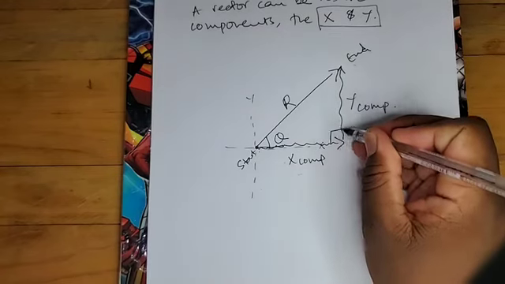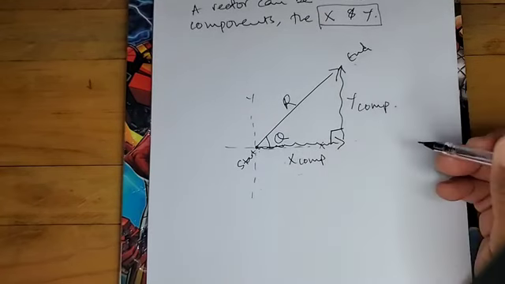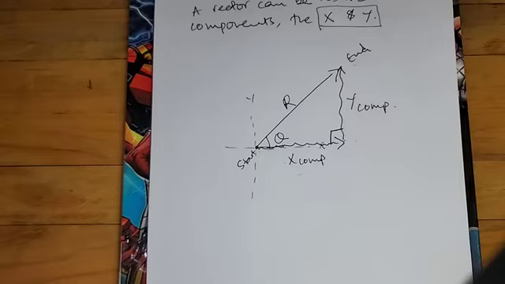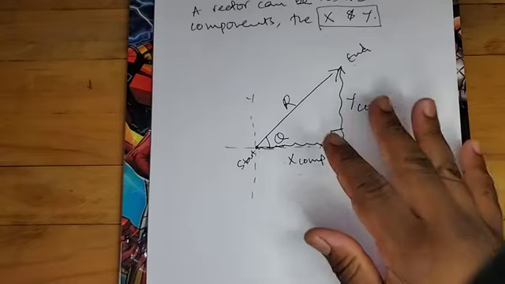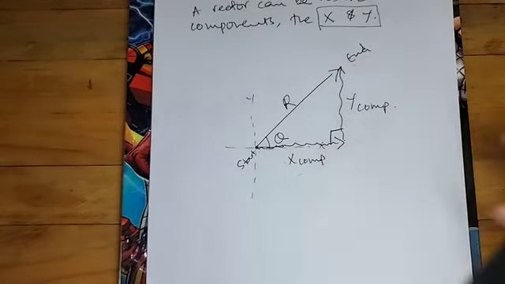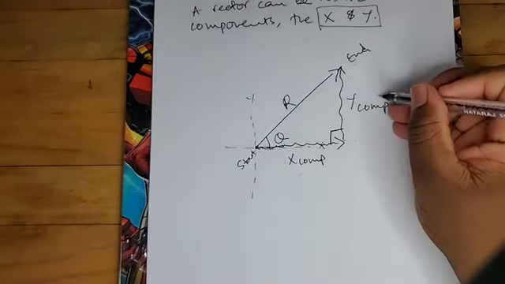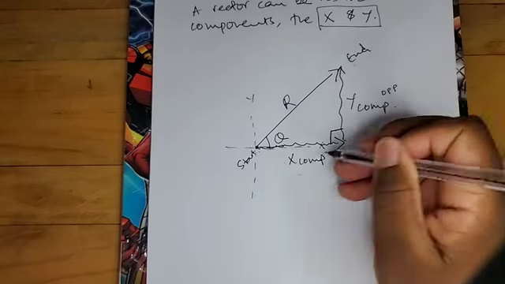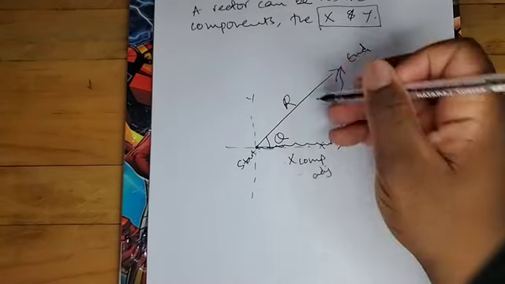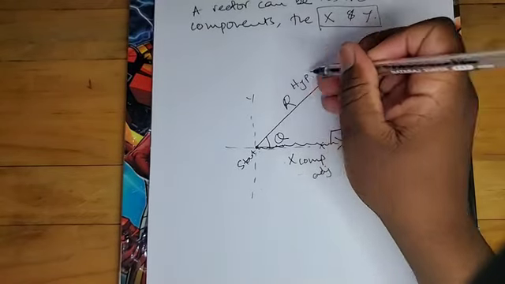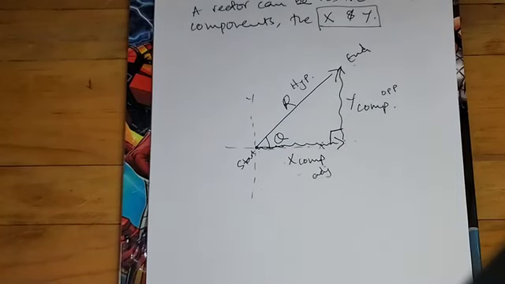And right-angled triangle, what mnemonic did you use in grade 12 to relate the sides of a right-angled triangle? Let me just label these sides. So this would be the opposite, this would be the adjacent, and this would be the hypotenuse. There's a mnemonic that you used to use in grade 12 to relate opposite, adjacent, hypotenuse, and the angle.